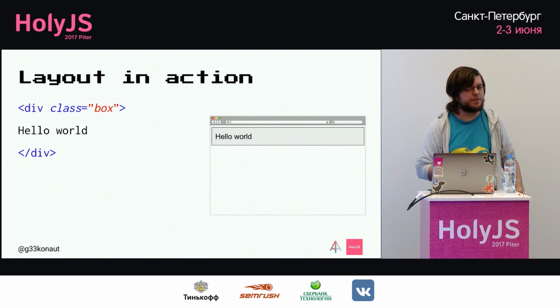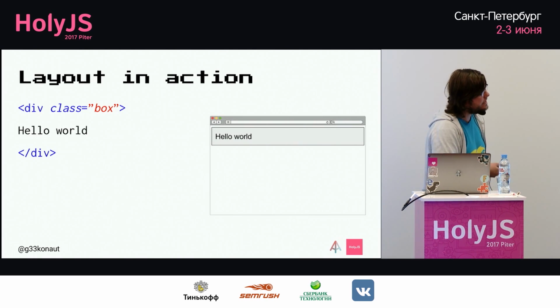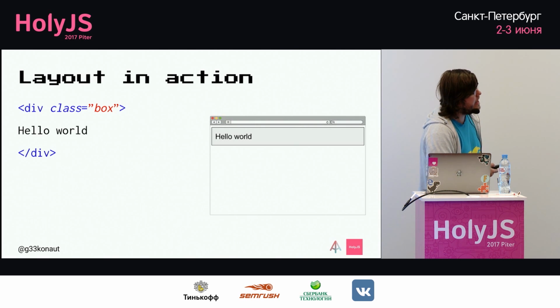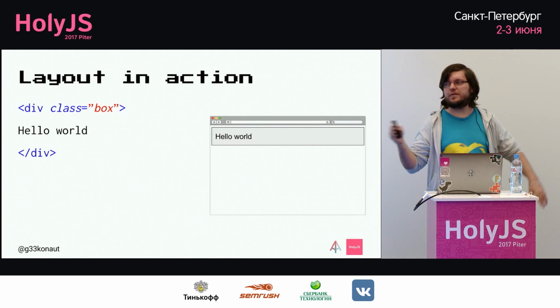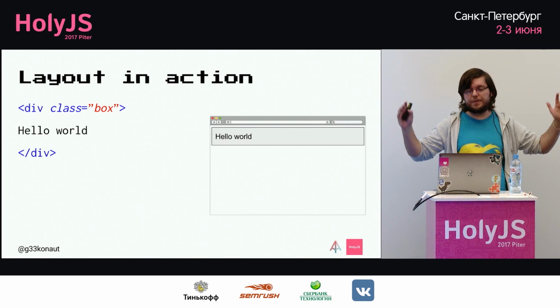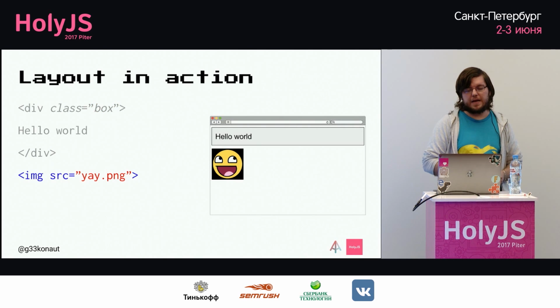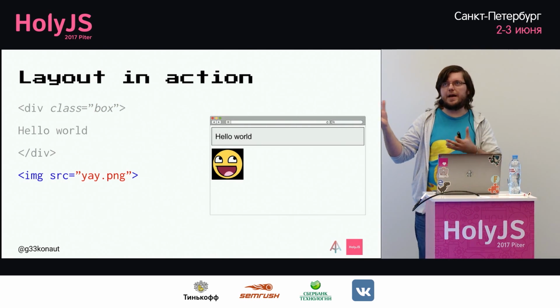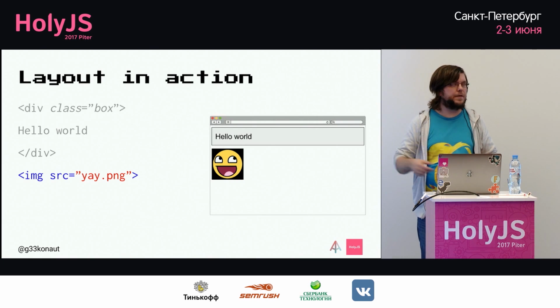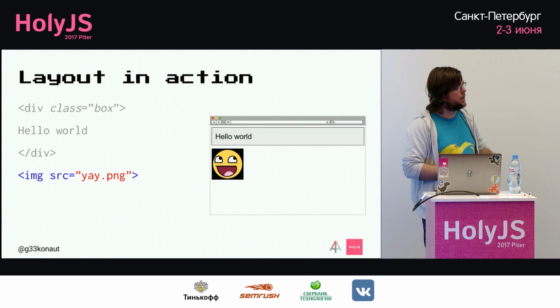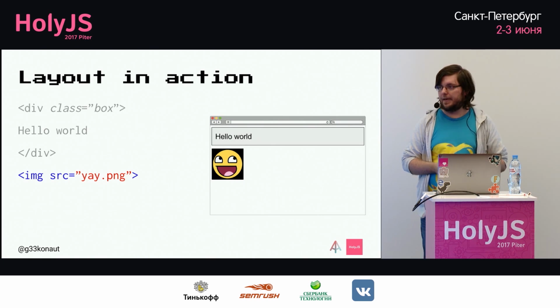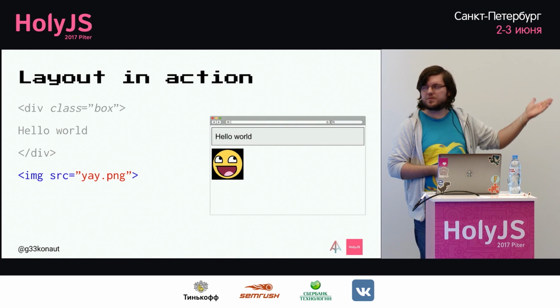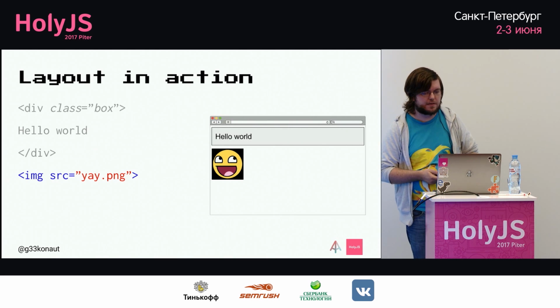This is how it looks. So here we have a class box div with some text. And the browser goes, this is a div, so it takes the entire width, and we'll be good. But then we have some image, okay, we don't have space to put it in the same line as the div because the div takes the entire width. So we're putting the image below it, and we'll be happy. Happy, wonderful website. This looks more like something that we might actually see in the browser.